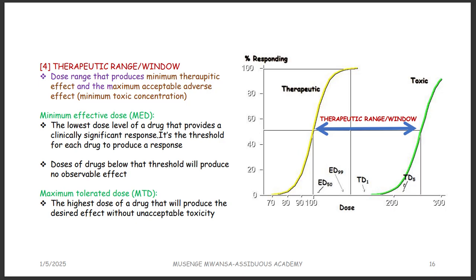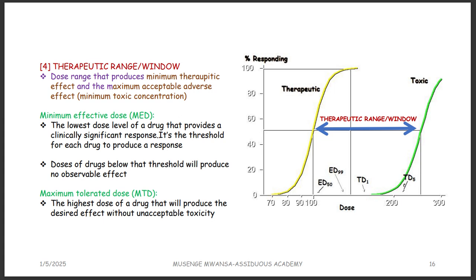And then when you give a drug, if you give a higher concentration, you are going to reach a point where you produce adverse effects, like bad results now. Let's say, for example, you're taking a drug to calm your headache, but the drug starts making you have other effects like vomiting, diarrhea.